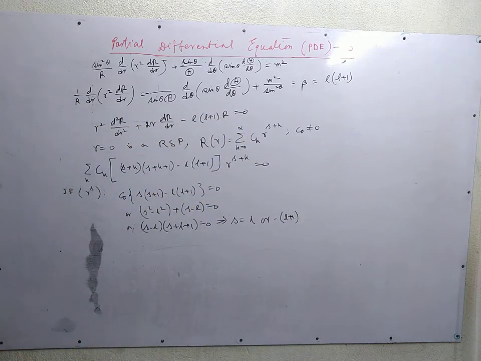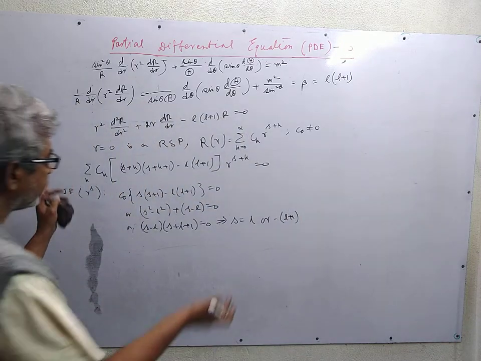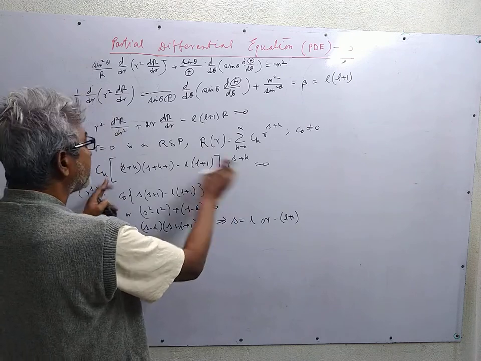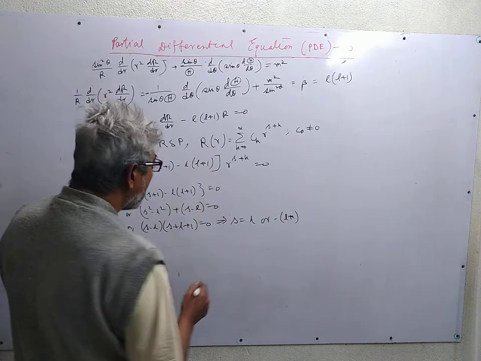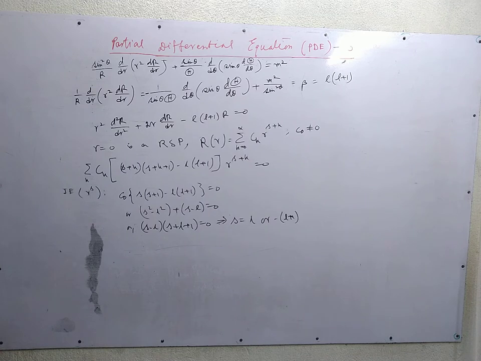Now you see this, we cannot construct any recurrence relation out of this, because all the terms in this equation have the same power of r. So knowing c0, we cannot construct c1 or c2 or anything else. So we conclude the solution is a single term solution.